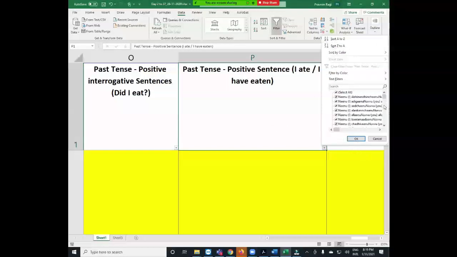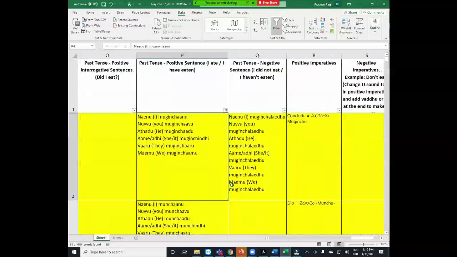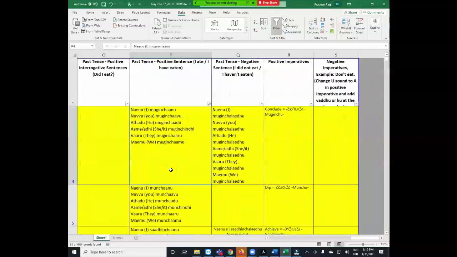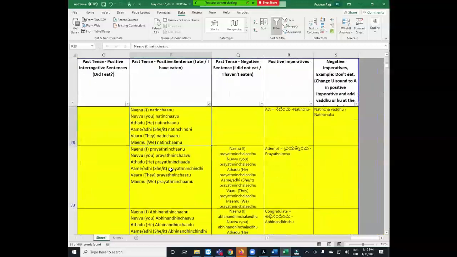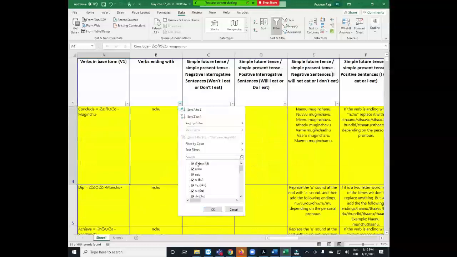We have many sentences here, but instead of selecting everything, you just deselect the blanks. So what you will get? You will get the cells with content only. Then you identify, and when you come here, you sort with any one verb.